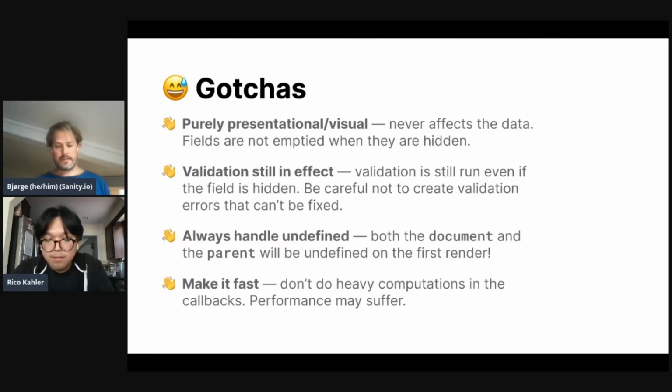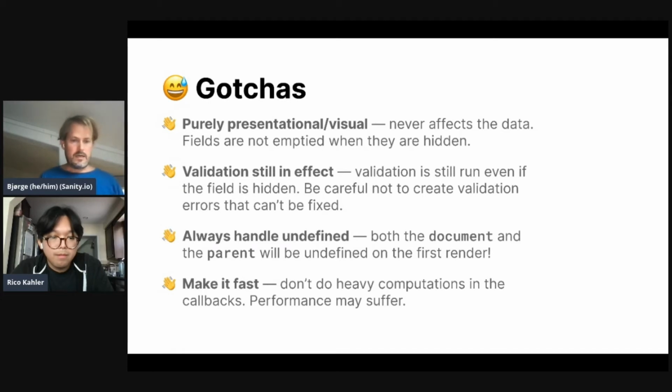It's possible to write the validation rule in a way that takes into account the same kind of condition that you use for hidden. It's good to be aware that it might be easy to get into a situation where you have a validation error, but the logged-in user isn't able to fix that error by editing the field because the field is hidden. So that's something to be aware of.